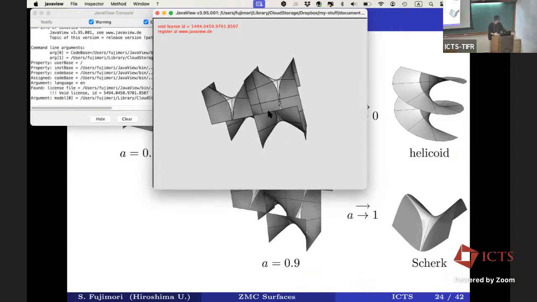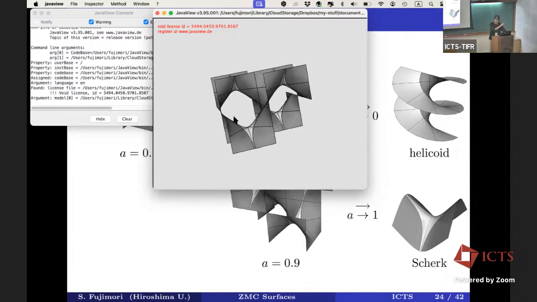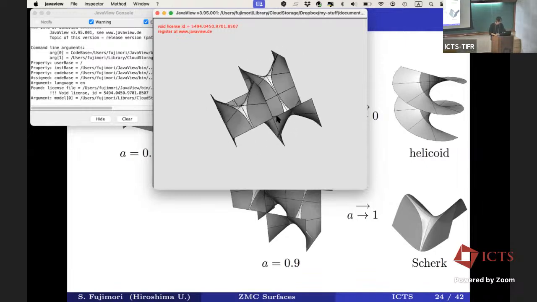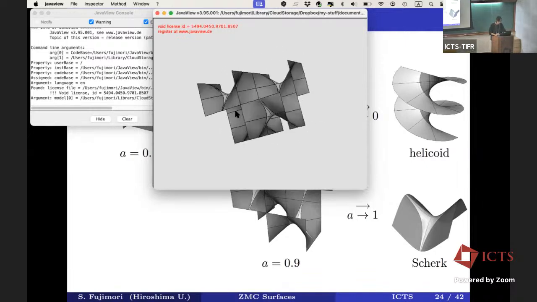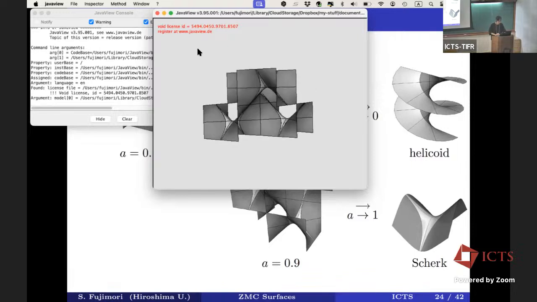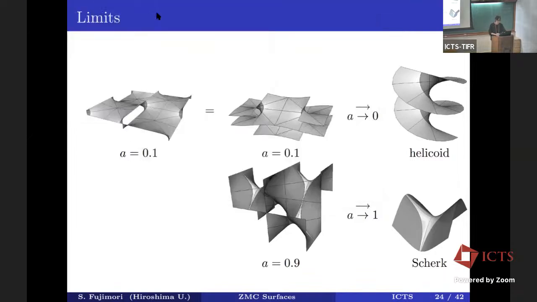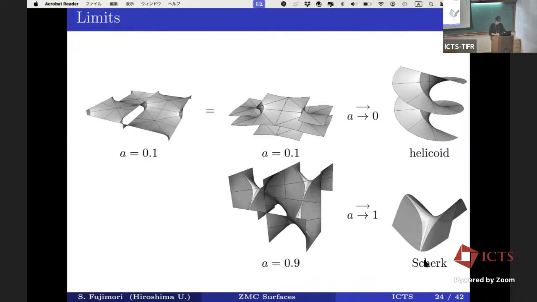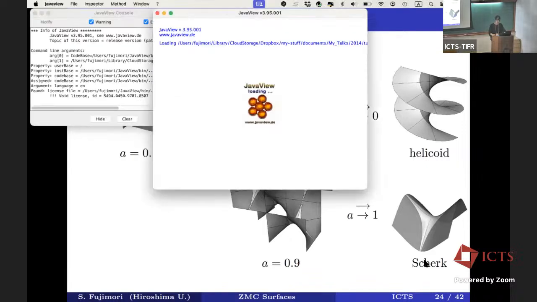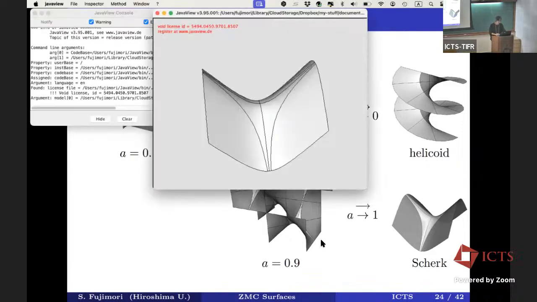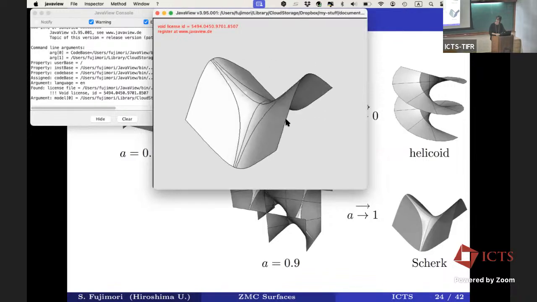So the surface looks really different from the minimal surface in R3. As a limit, as a minimal surface in R3 we have the doubly periodic Scherk surface, but in this case we have a non-periodic surface, an entire graph, instead.